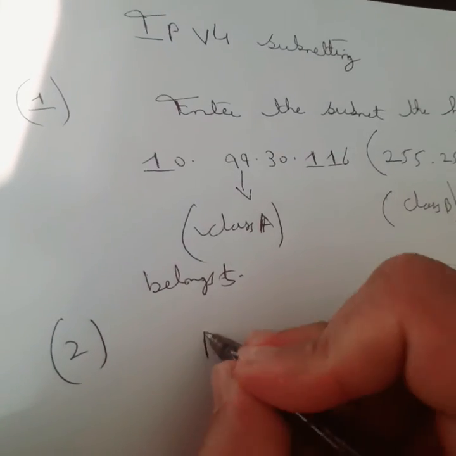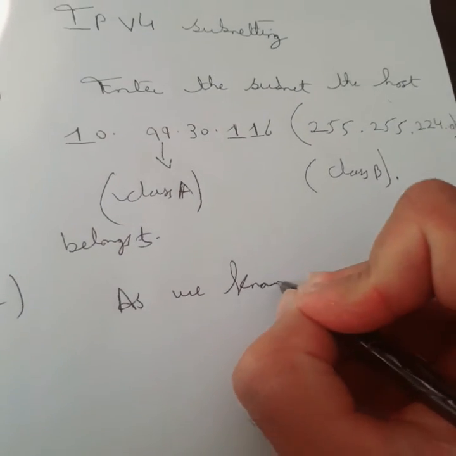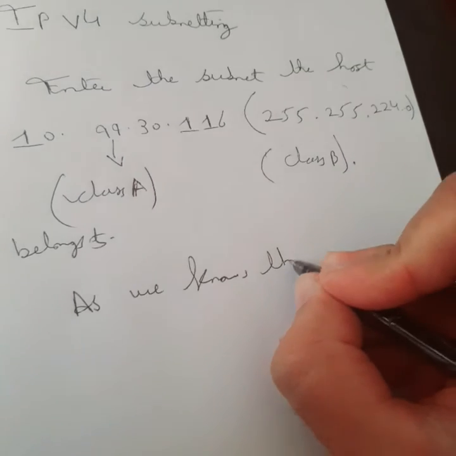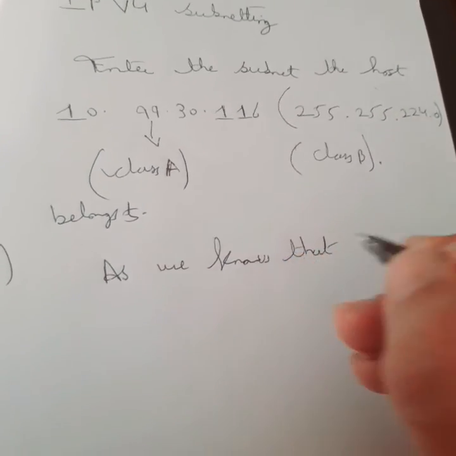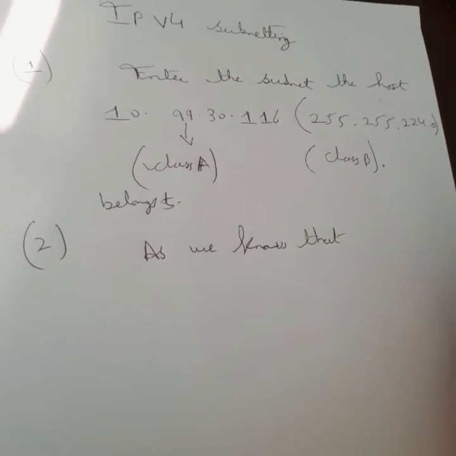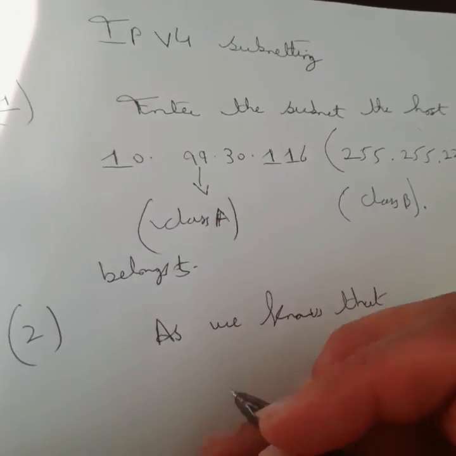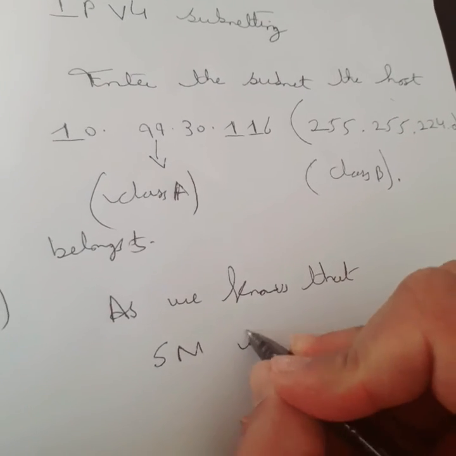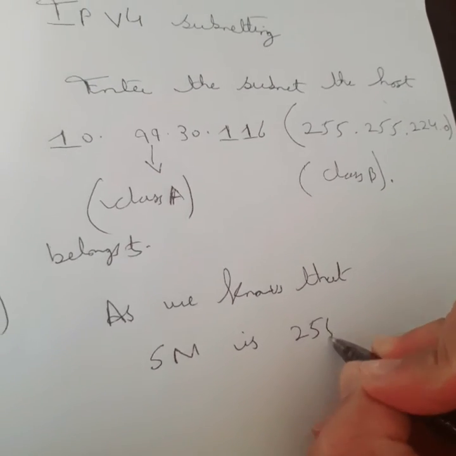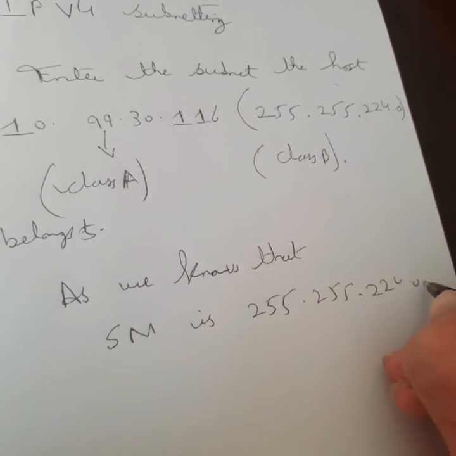So as we know, our subnet mask, SM, is 255.255.224.0.